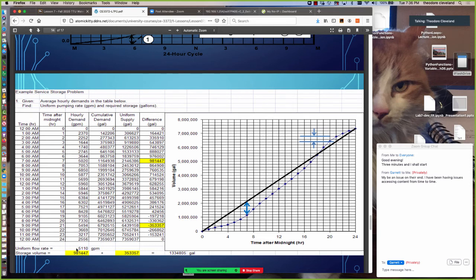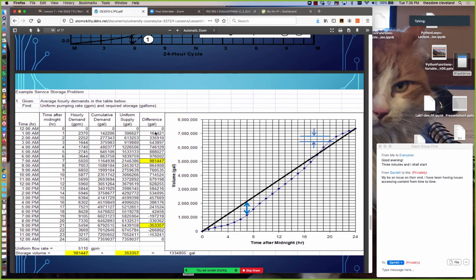If we had the ability to pump into our storage tank at 5,110 gallons per minute, that would produce a uniform supply, the solid line here, at the end of the 24-hour period of the same 7.4 million gallons.